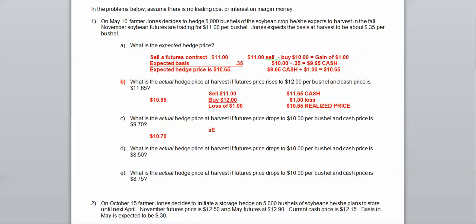So let's figure out how this works. We originally had sold a contract for $11. We buy it back at $10 because futures price has dropped to $10. So we have a gain of $1.